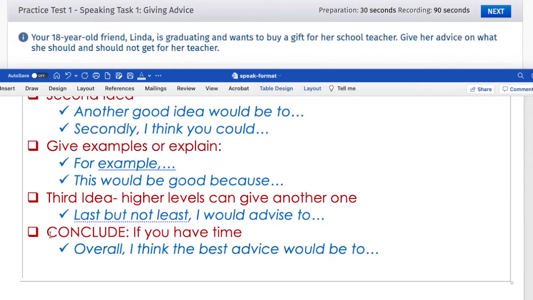And then concluding is very important. Always remember you want to give a complete response. So having a conclusion would increase your score.